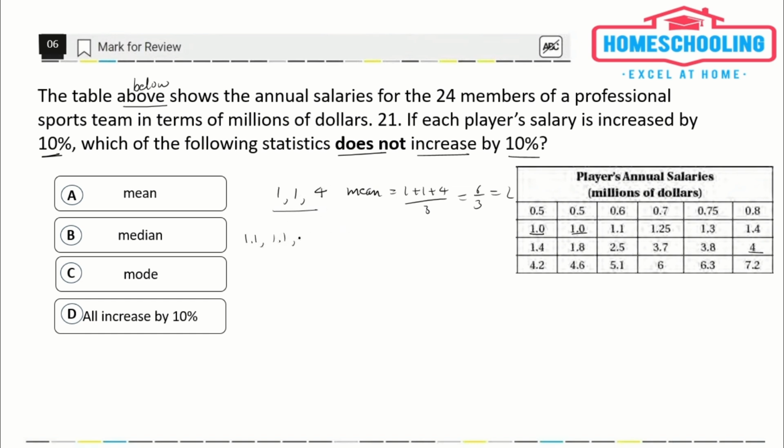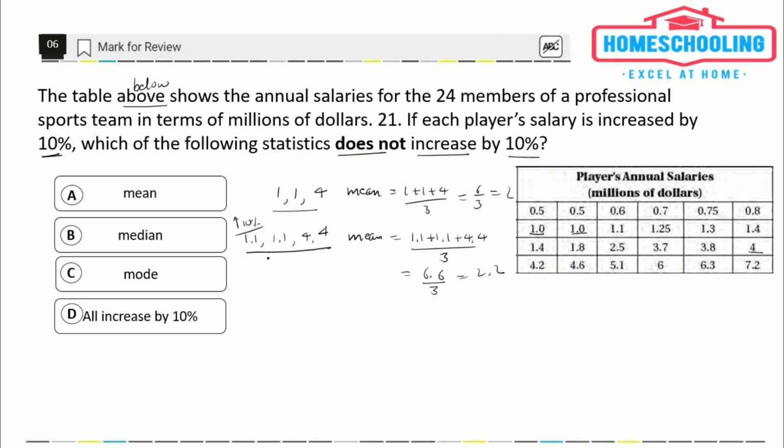And if 4 is increased by 10%, it is going to be 4.4. So what is going to be the mean after increasing by 10%? We have this data set. So mean is 1.1 plus 1.1 plus 4.4 divided by 3. So it is going to be 6.6 divided by 3. So it is going to be 2.2.